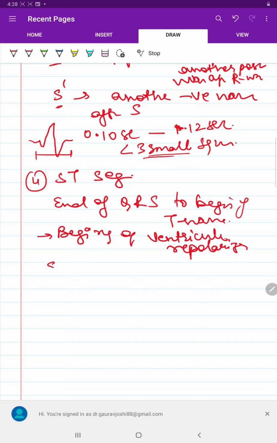Generally the ST segment is isoelectric. Isoelectric means it's a flat line on the ECG paper. It's neither positive nor negative. The ST segment is the baseline.